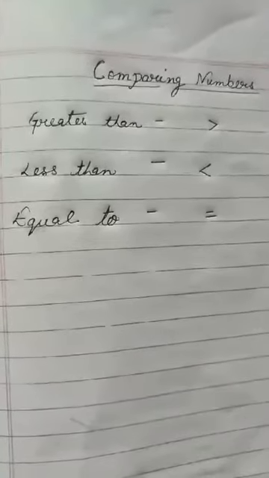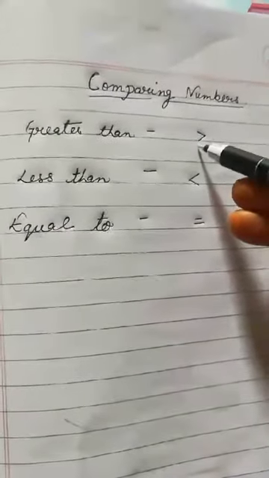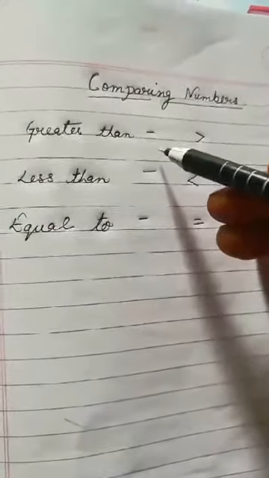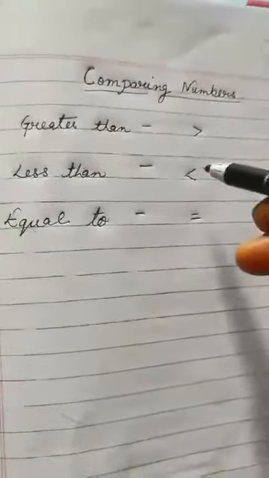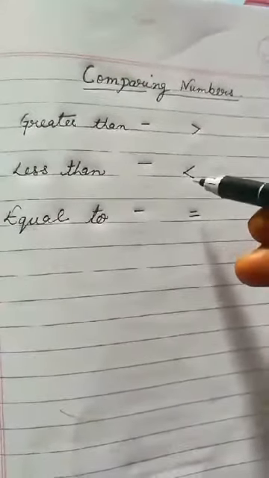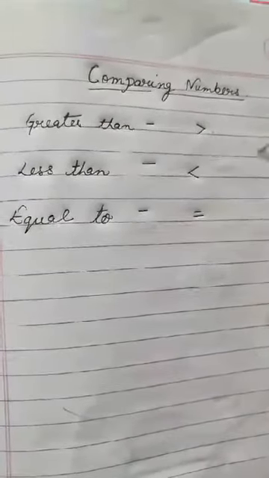The easy trick of remembering the symbols of comparing numbers is to always keep in mind that the open mouth will always be in front of the greater number. The closed mouth is always in front of the less than and equal sign, like this.